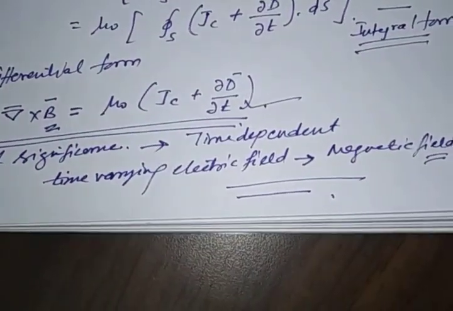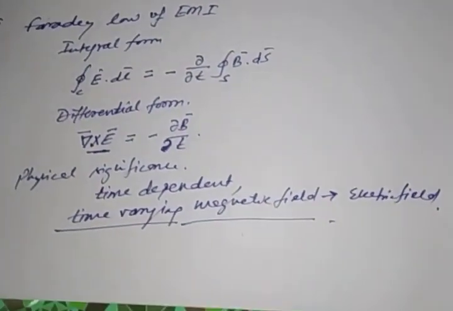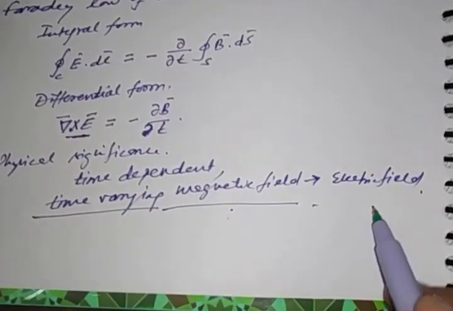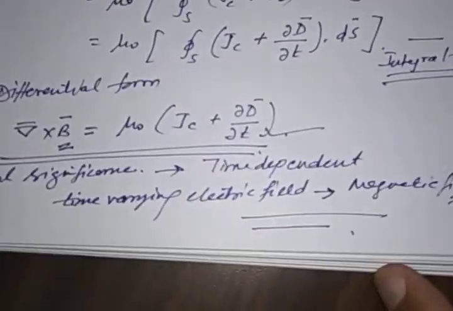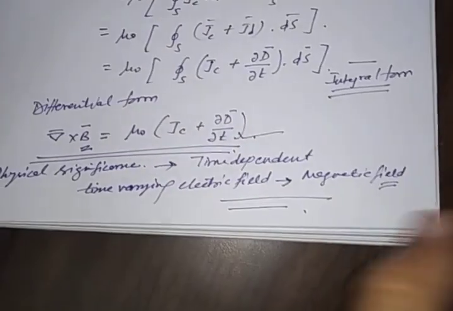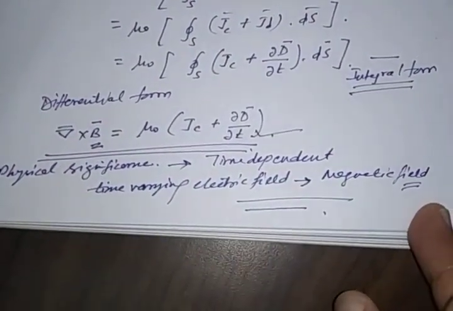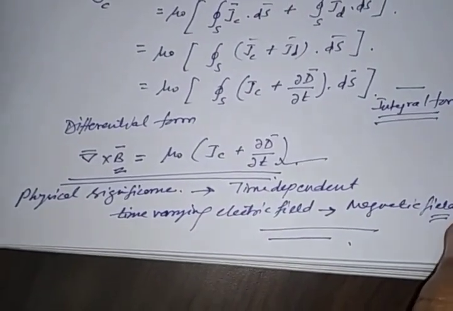So this needs to be understood in a proper manner: in Maxwell's third equation a time varying magnetic field is producing an equivalent electric field, but in Maxwell's fourth equation a time varying electric field is producing an equivalent magnetic field. So these things need to be understood in a proper manner.